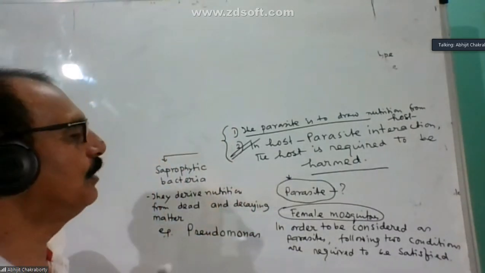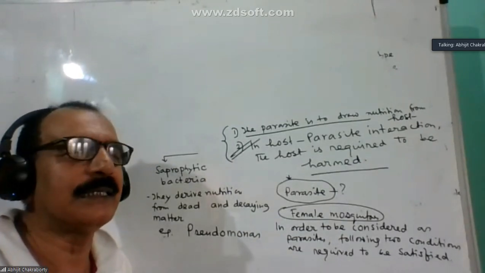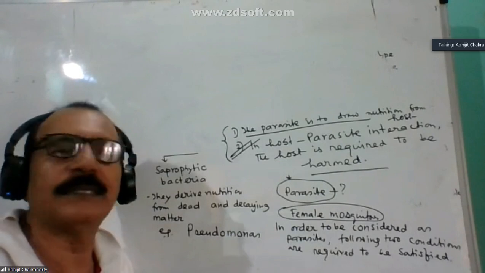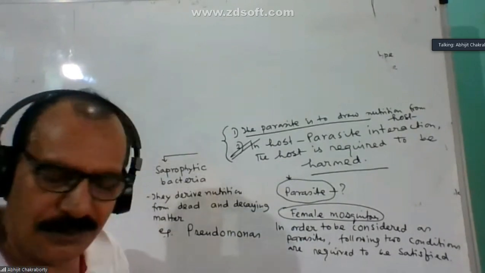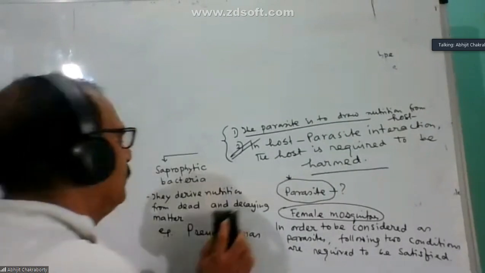Now regarding the similar thing, we are discussing the parasitic bacteria. Now you see a lot of bacteria known as the disease-causing bacteria.